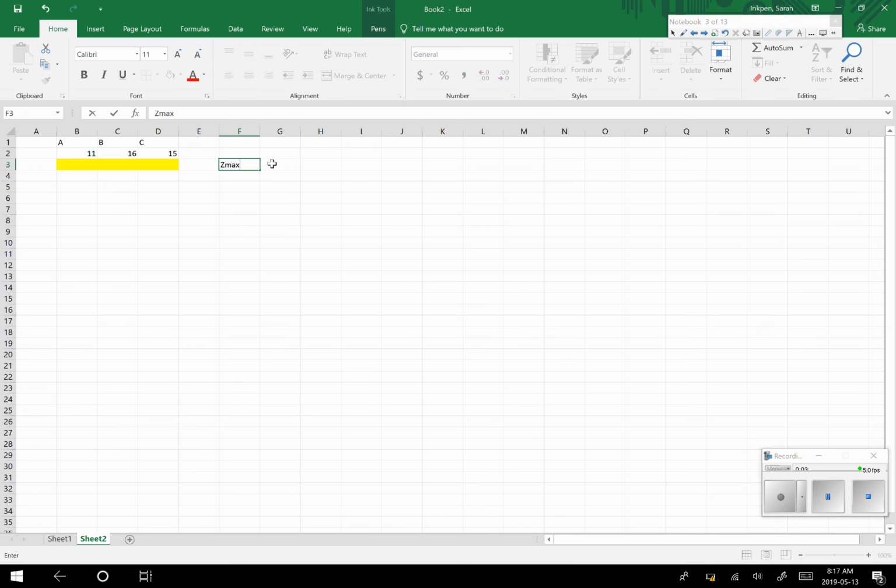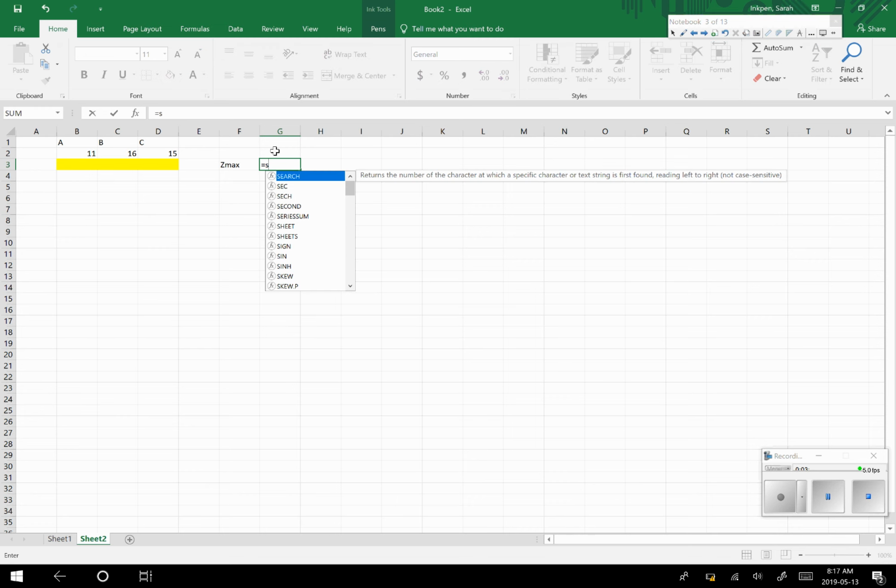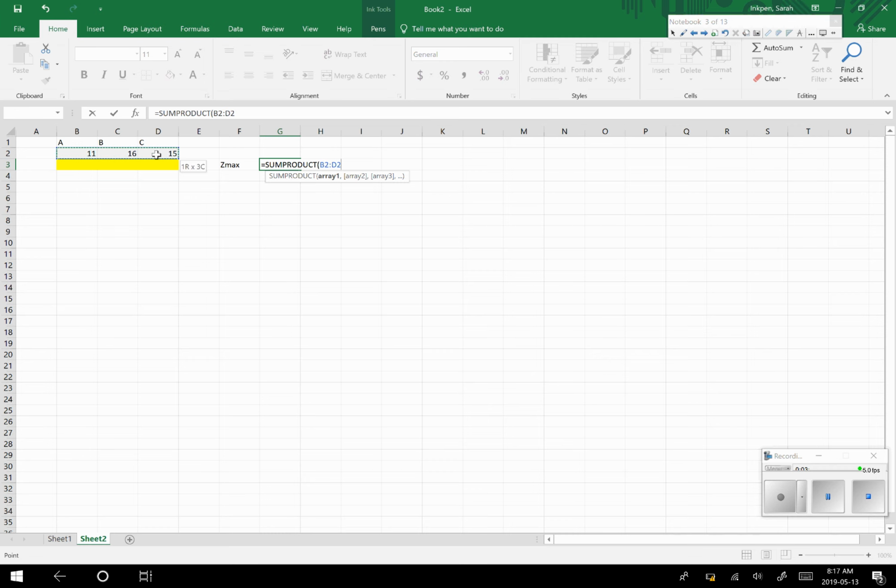That's to remind me that I'm getting a max equals some product. And it's this one, comma this one. And again, your check is this had better be 0. If it isn't, you've made a mistake.